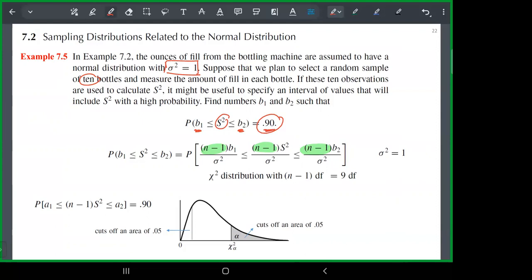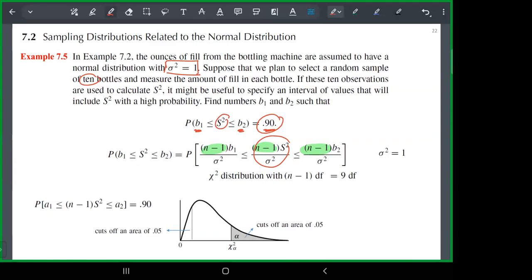Now, because you know that S square is the sample variance, for you to estimate the population variance, you know that it's going to be distributed with this good estimator over here. So you're trying to go back to the chi-square distribution. That's what you're trying to get to.